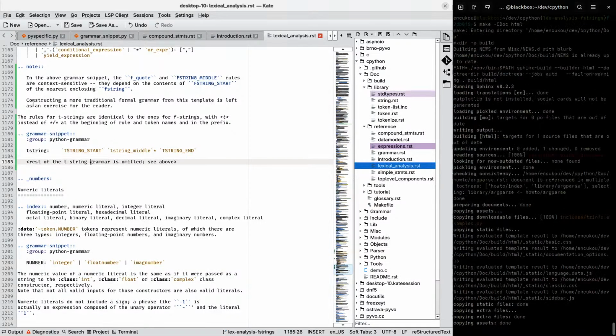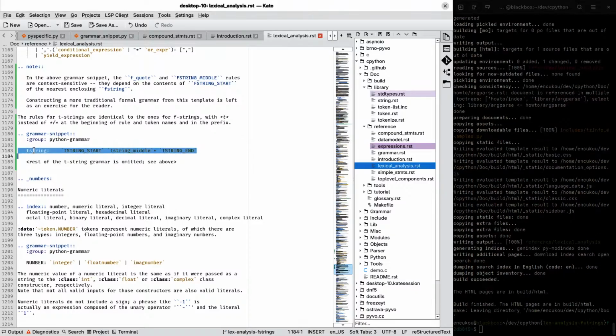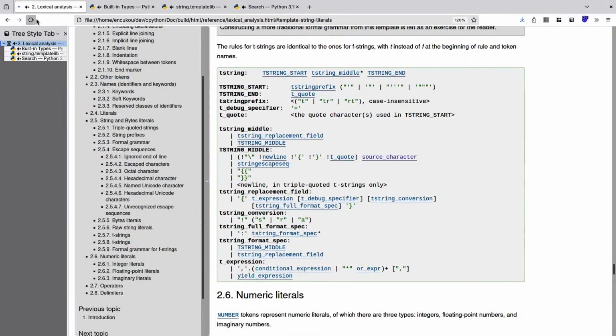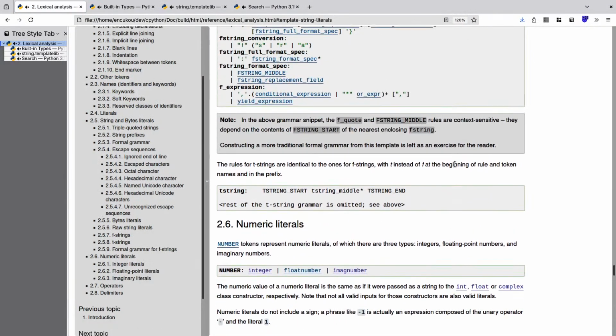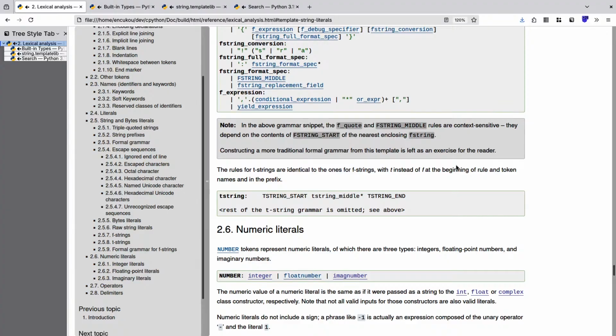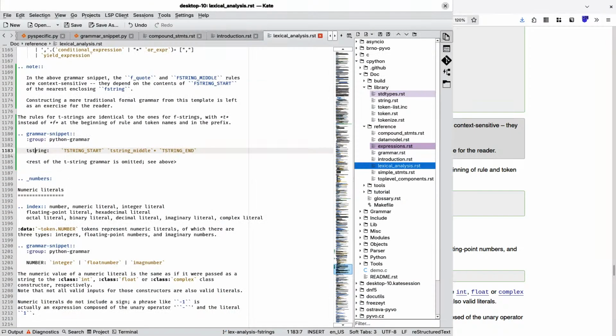I do want the t-string rule to be here for the link target, but that's it. Okay.